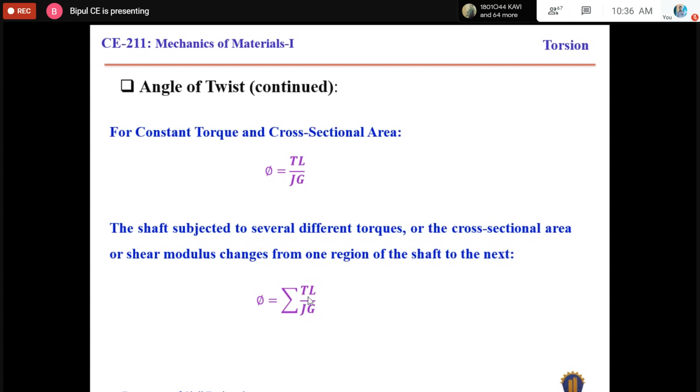That means we will determine the angle of twist for each segment, and if we sum them, then we will get the total angle of twist of one end with respect to the other end, and it will be clear if we solve a problem.